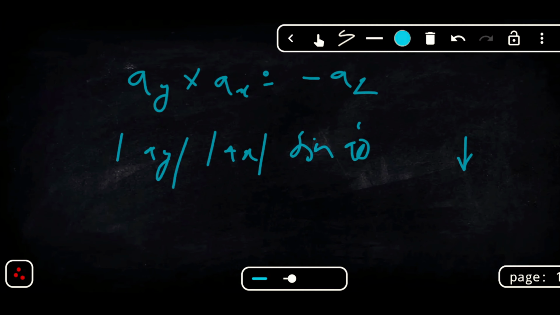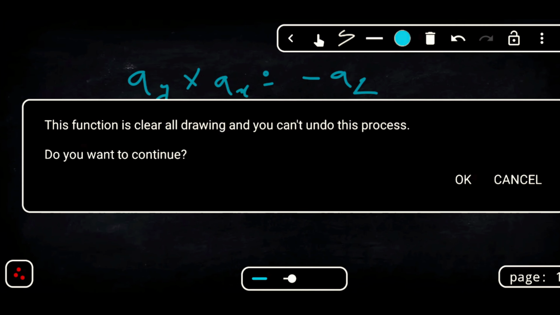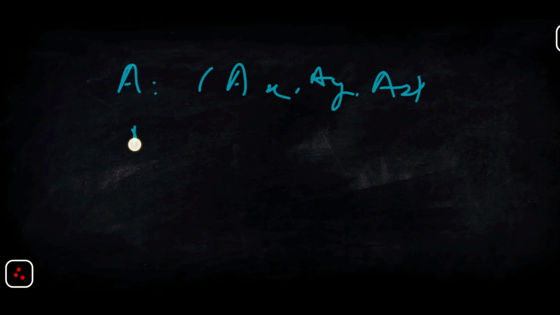Okay, the cross product can be expressed in determinant form also, that is also important. A cross B equal to, how to represent it. Assume that A equal to a vector, a point can be represented as Ax comma Ay comma Az, and B equal to Bx comma By and Bz.